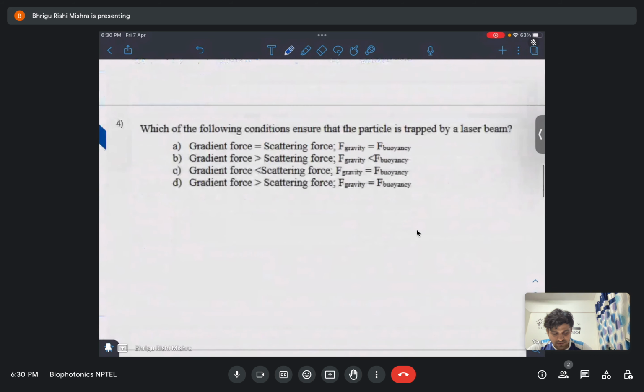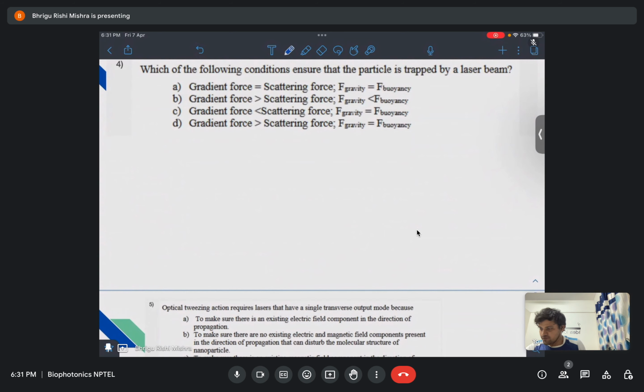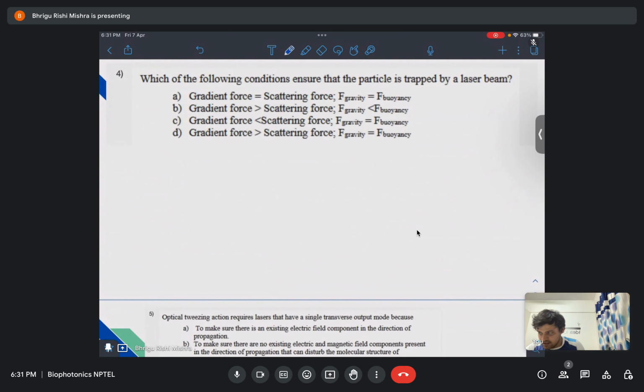Question number 4: which of the following conditions ensure that the particle is trapped by a laser beam? Let's draw a force diagram for a particle. Suppose I have a particle here, suspended in a liquid, and you have a beam axis like this.